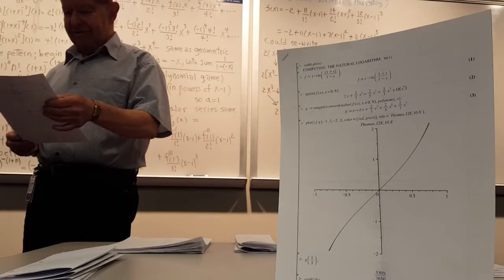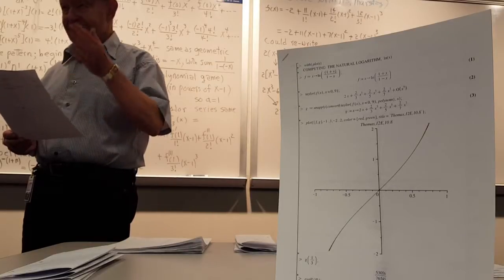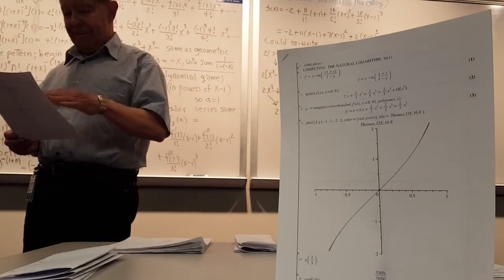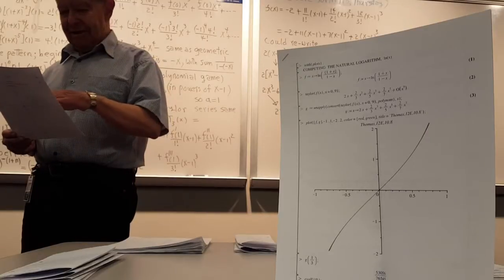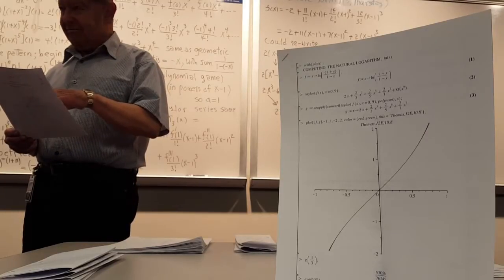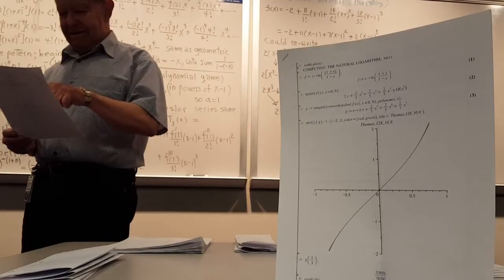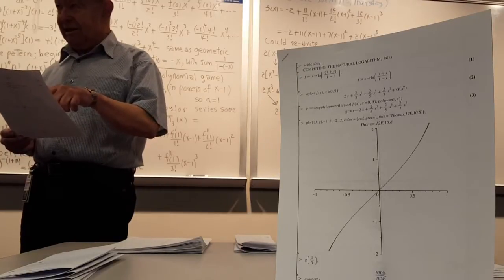So you see I've typed plot f comma g, and I put it in brackets so there's a sense of order there. So if I then say color and brackets red, green, the red goes with the f and the green goes with the g.